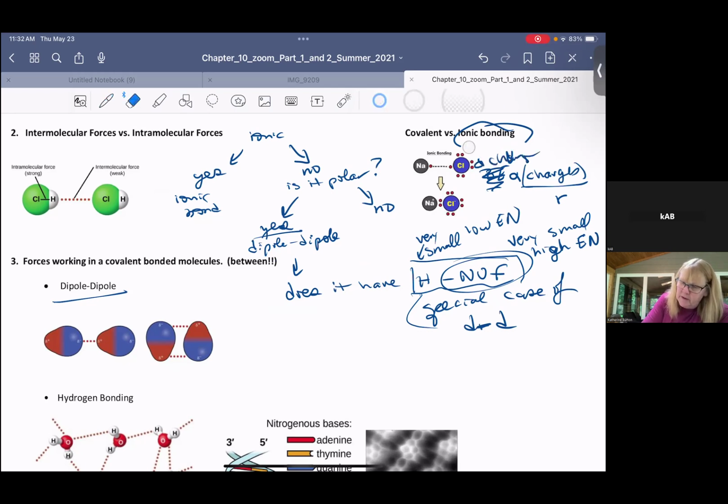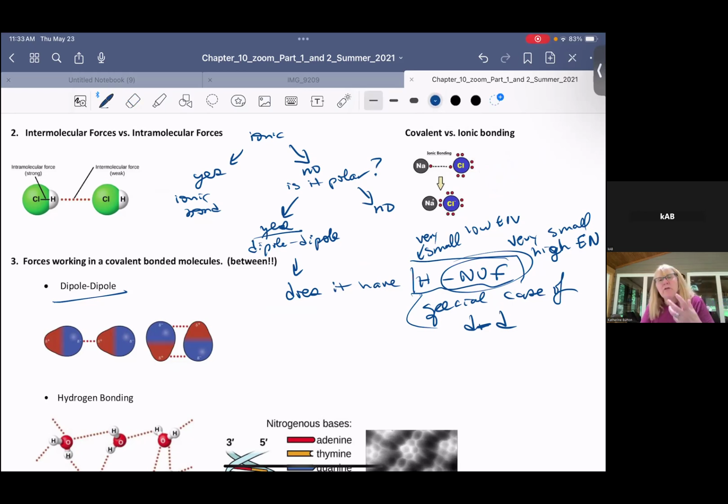And our partial charge is going to depend on this difference of electronegativities and the distance between. So if we have HNOF, hydrogen attached to a nitrogen, oxygen, or fluorine in a molecule, we have a special case of dipole-dipole. And our special case of dipole-dipole we call hydrogen bonding.